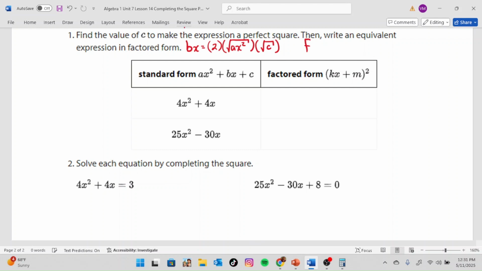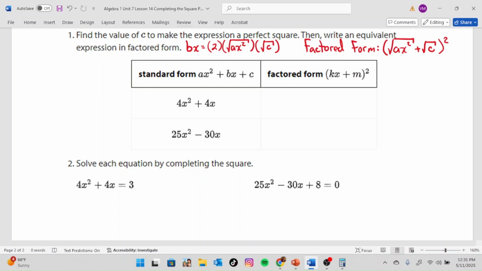And we also said that factored form was written as the square root of ax squared plus the square root of c, all of that squared.